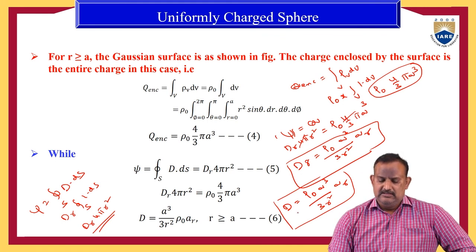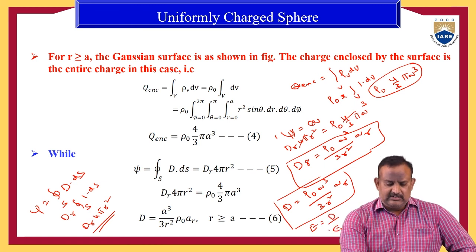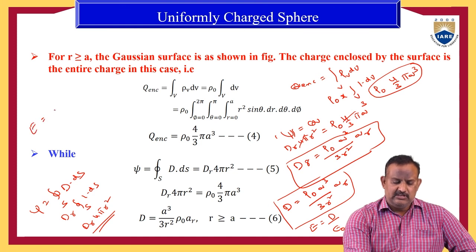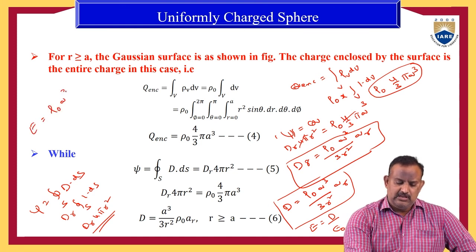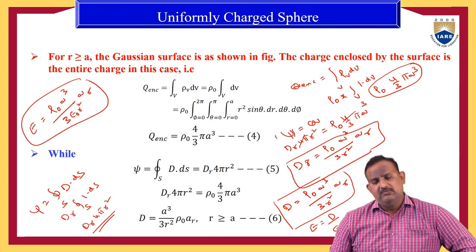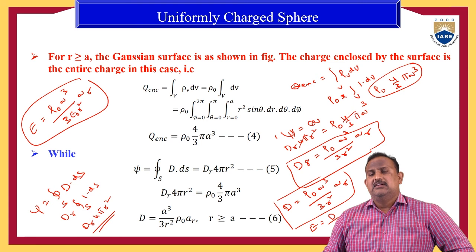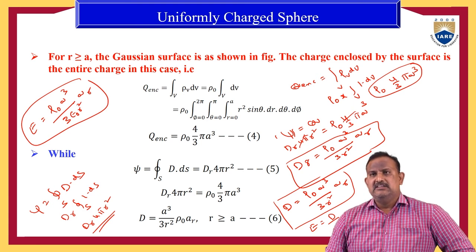E is equal to D by epsilon naught, so E is equal to rho naught a cube by 3 epsilon naught r square into ar. In this way we can find both the electric field intensity and electric flux density by applying Gauss law to all the charge distributions: point charge, line charge, volume charge and surface charge.